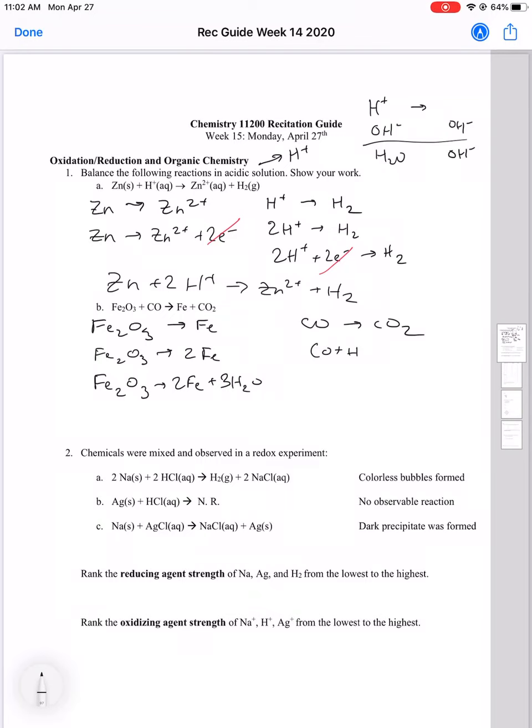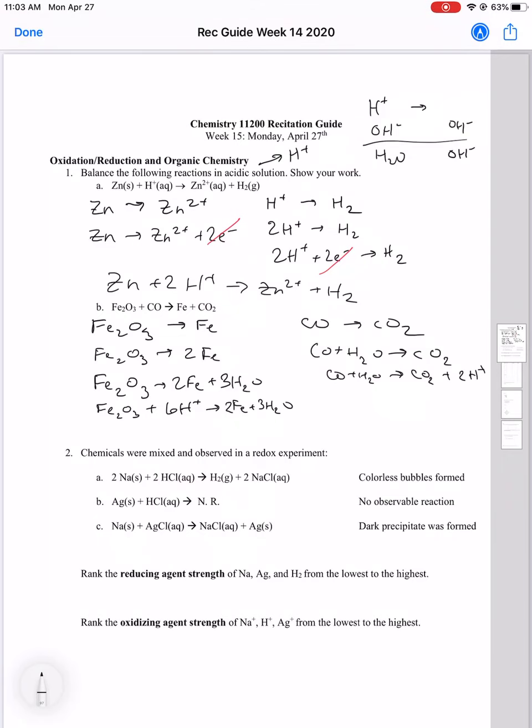CO plus H2O gives us 2 oxygens on either side. And then we will balance the hydrogens. 6 hydrogens on the right side, so 6H plus on the left side. CO plus H2O, just 2 hydrogens on that side, so we'll add our 2H plus.